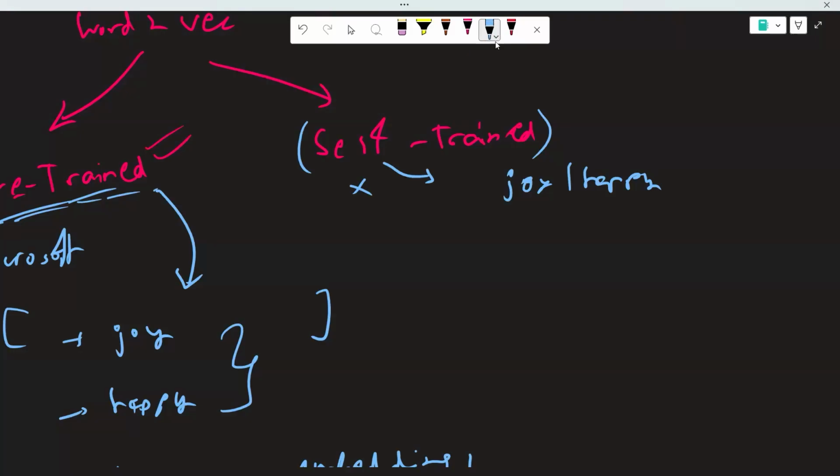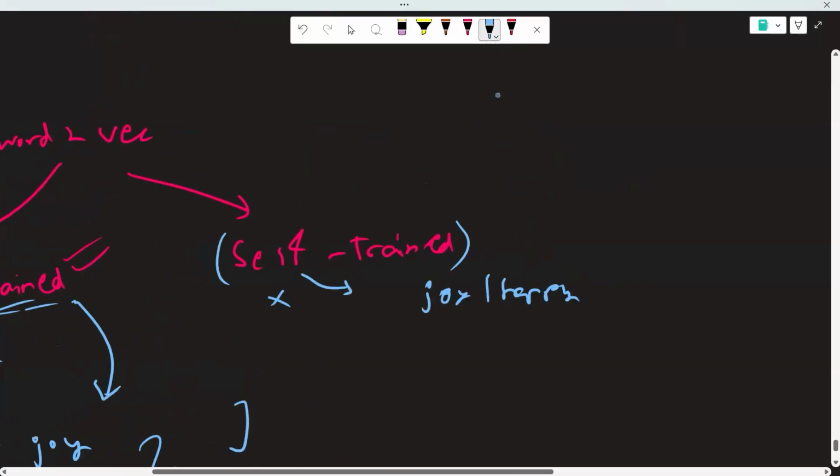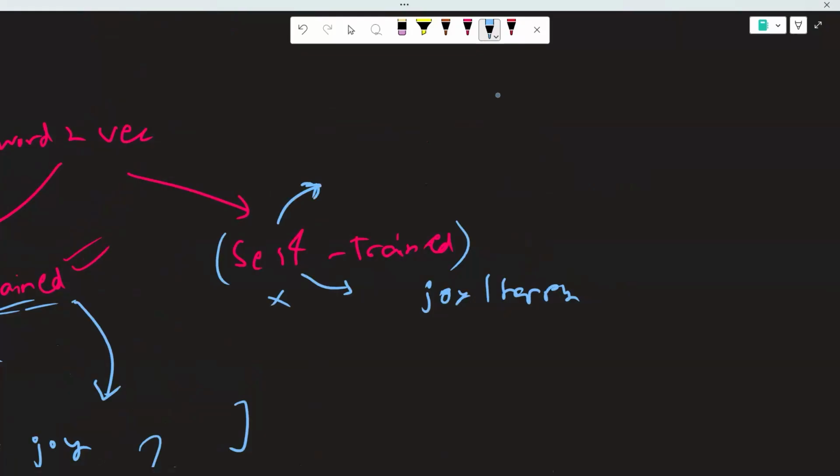But let's say your end goal is to do classification or some clustering based on data or words which are not commonly used in English. For example, let's say the majority of your data has some English abbreviations, like Gen Z abbreviations.